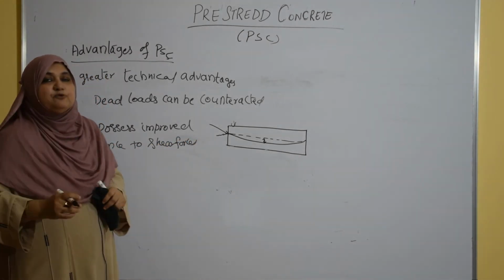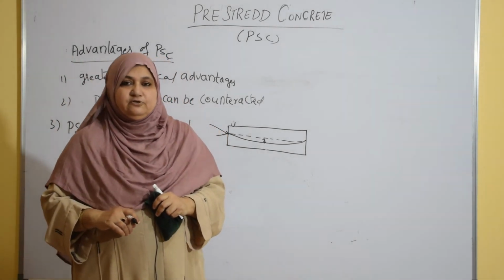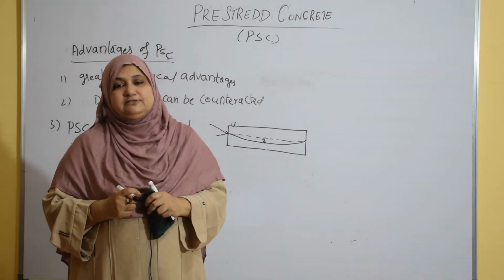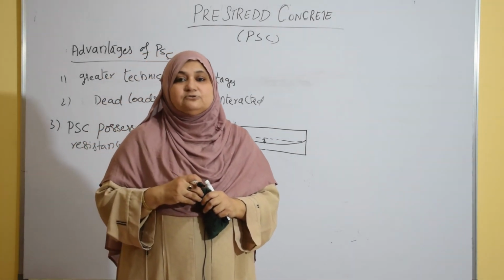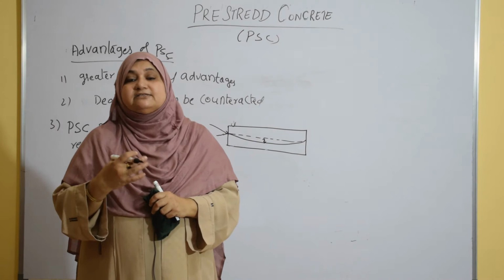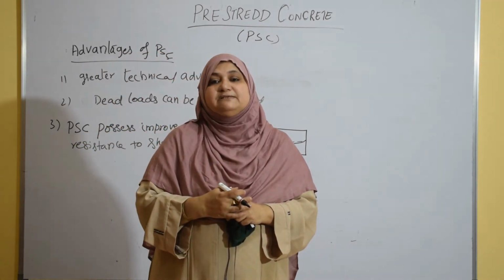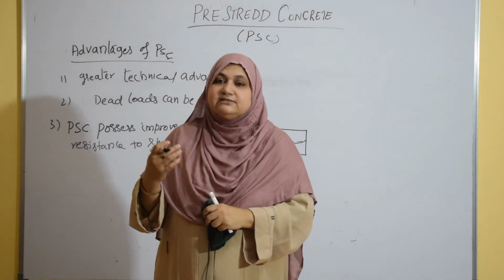The reason is the effect of compressive pre-stresses. You are inducing internal pre-stress, and because of that the resistance to shear stresses will be improved. Finally, the principal stresses will be reduced.